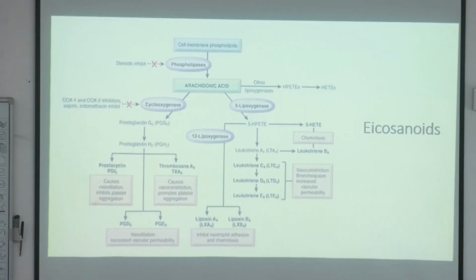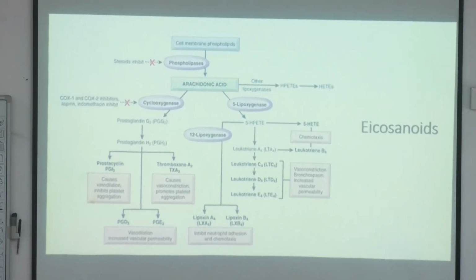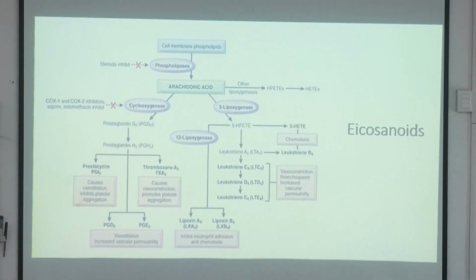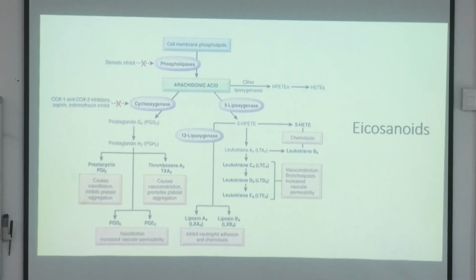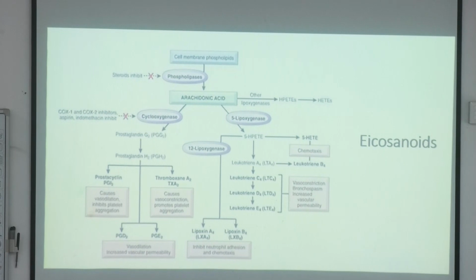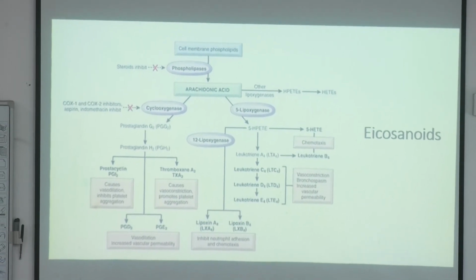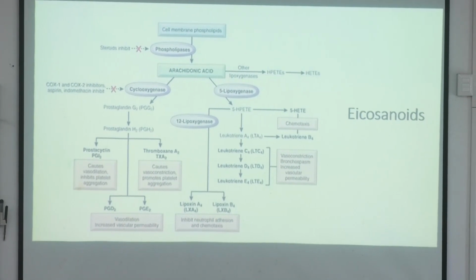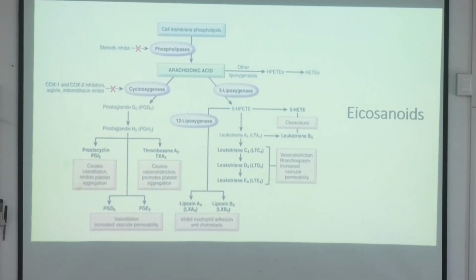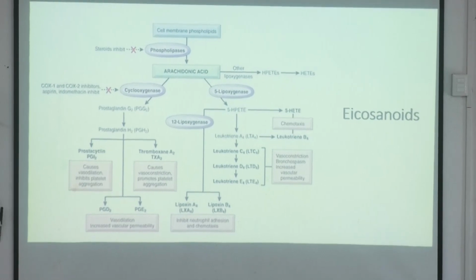By the action of 5-lipoxygenase, the chemicals formed are lipoxin A4, lipoxin B4, and leukotrienes. Most important are leukotriene B4, C4 and D4. These cause vasoconstriction, increased vascular permeability and smooth muscle constriction.